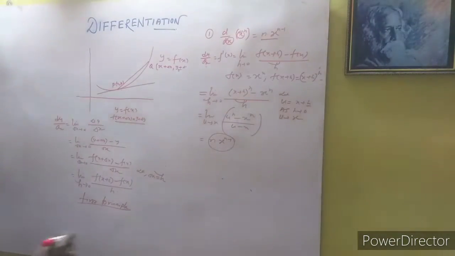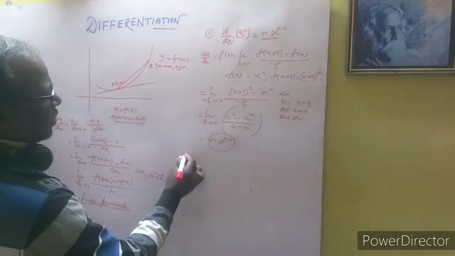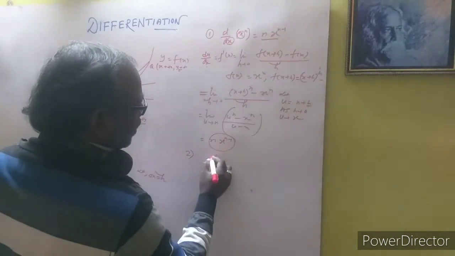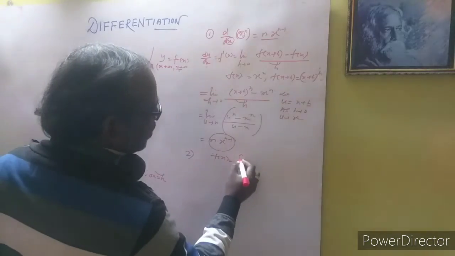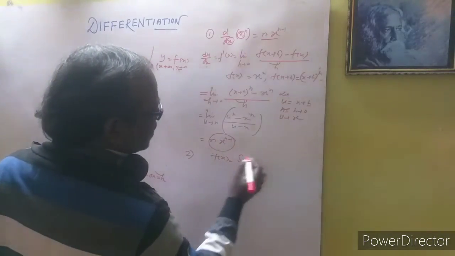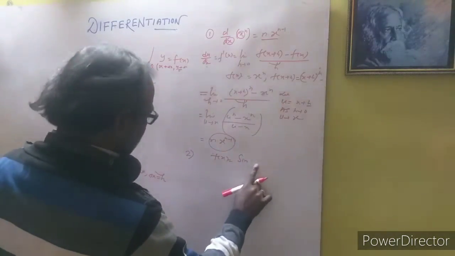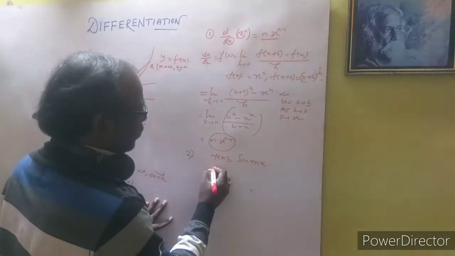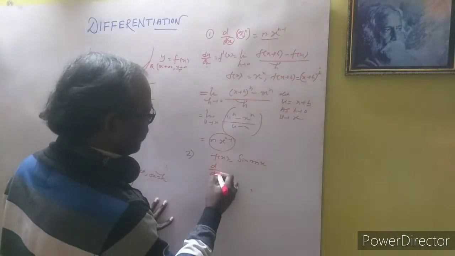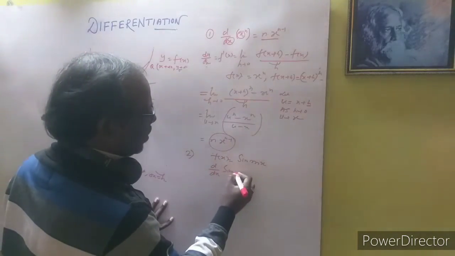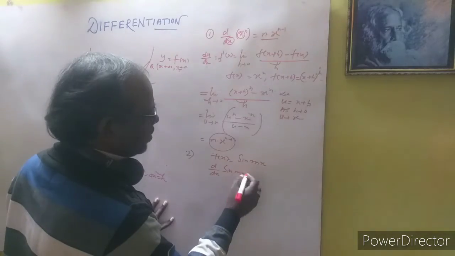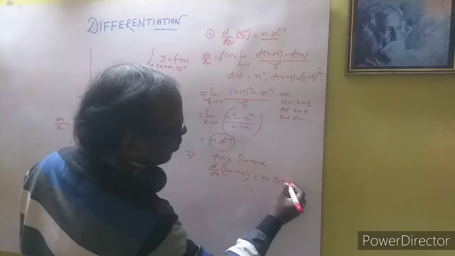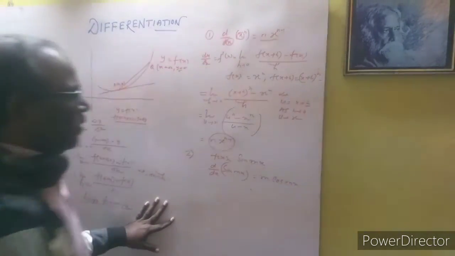Now number 2, for the function f of x equal to sin mx. So d/dx of sin mx is equal to m into cos mx.